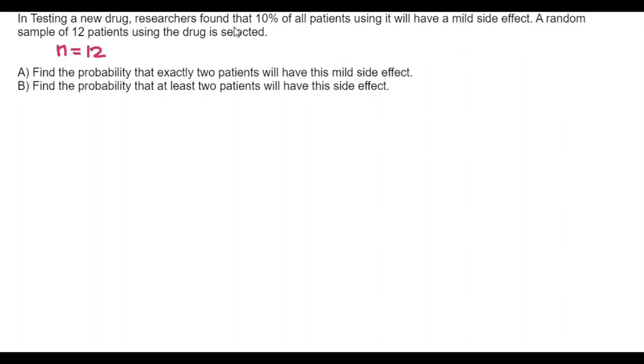So it is only whether they are having the mild side effect or not. So only two outcomes, success and failure. So p equals 10%, which is equal to 0.1, and q equals 1 minus p, which is 1 minus 0.1, which is equal to 0.9.